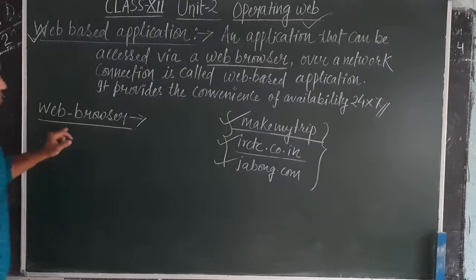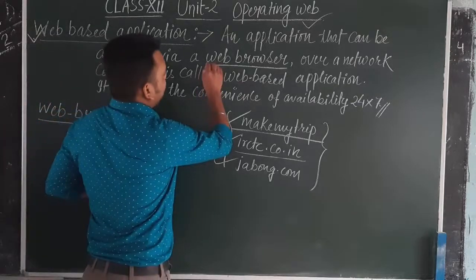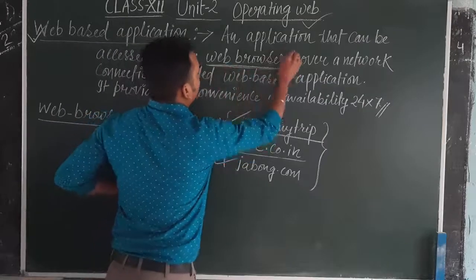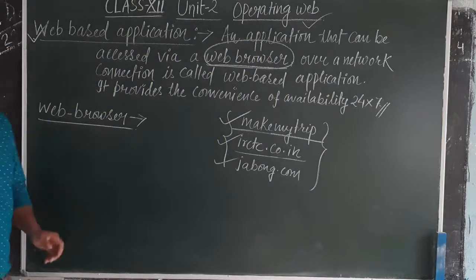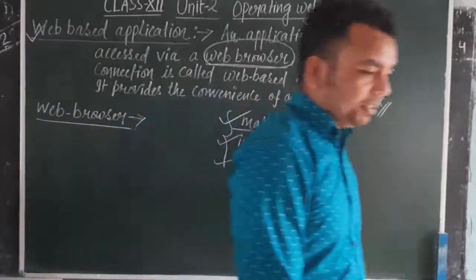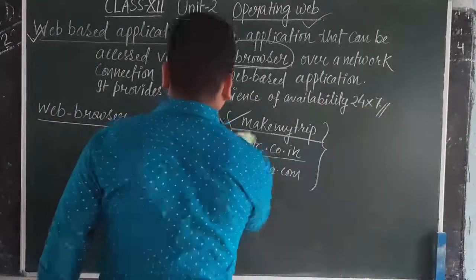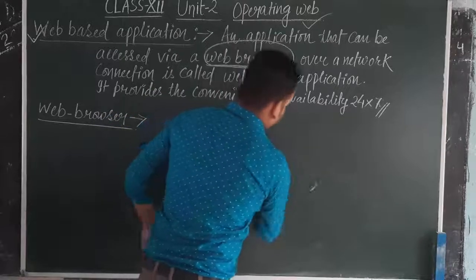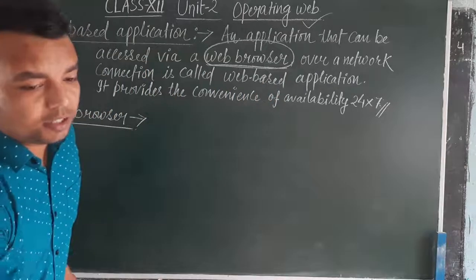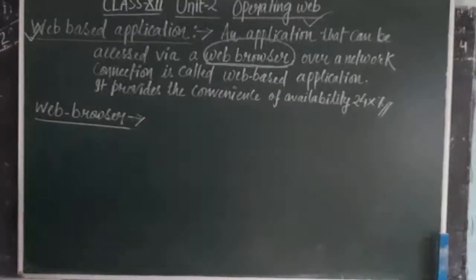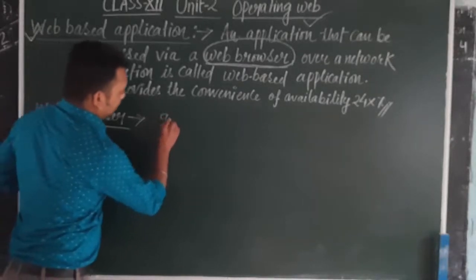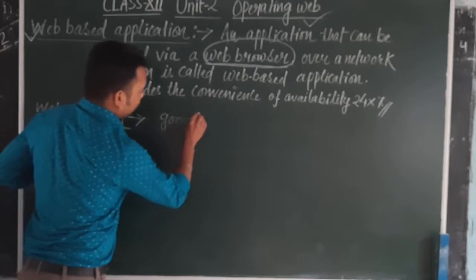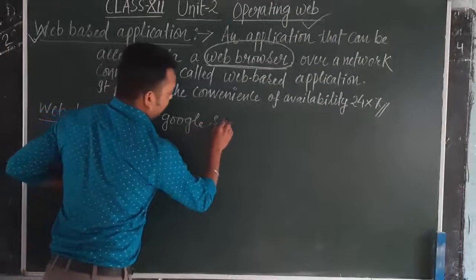Now let us move to the next topic. Actually, a term came up when we were discussing the web-based application, that is web browser. So what actually is the meaning of a web browser? While accessing any of the websites over the internet, you might have gone to google.com. Correct? You might have gone to Google software or application.